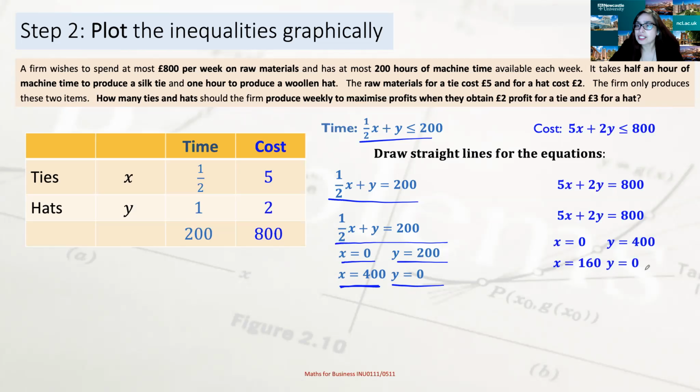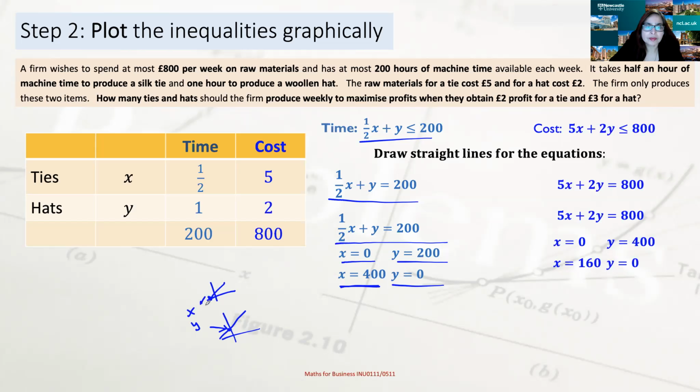You find the x-intercept and the y-intercept and draw the straight line. That's the easiest way to draw a straight line, isn't it? Find the x-intercept and the y-intercept. The point where the straight line crosses the y-axis is your y-intercept, and the point where the straight line crosses the x-axis is your x-intercept.